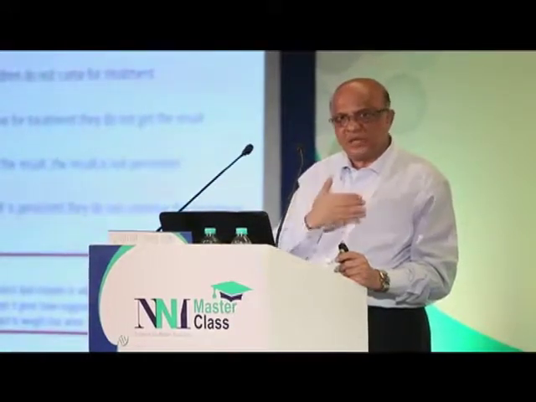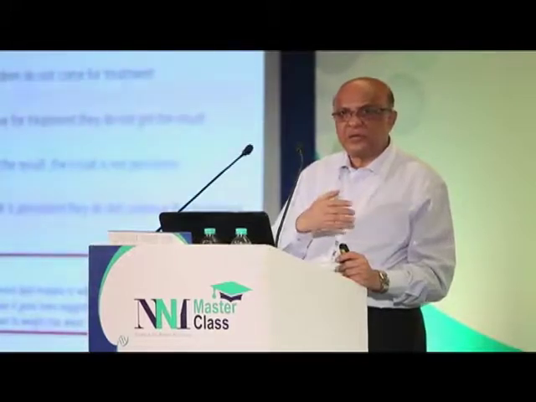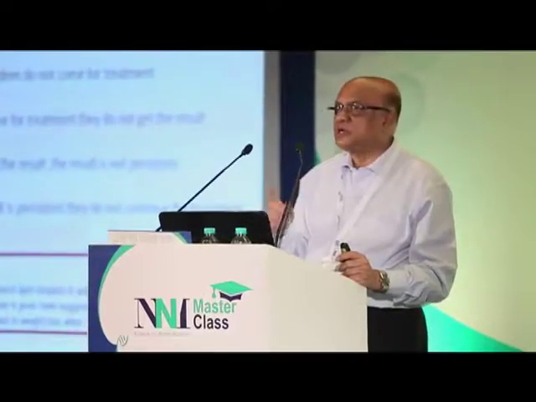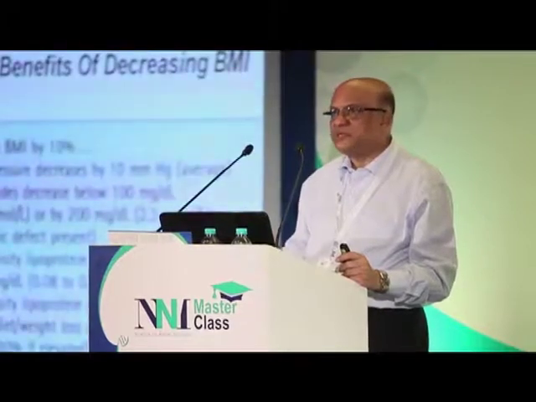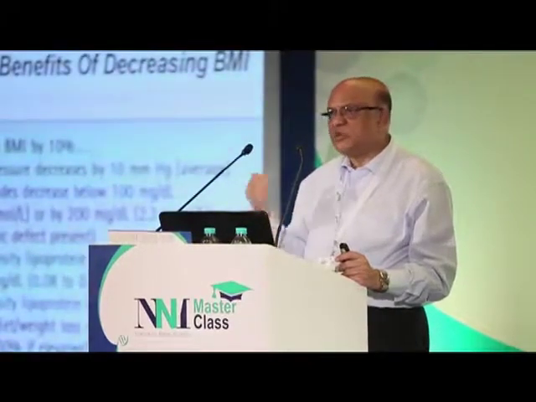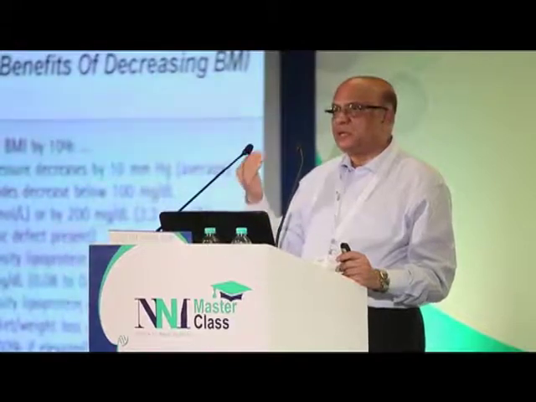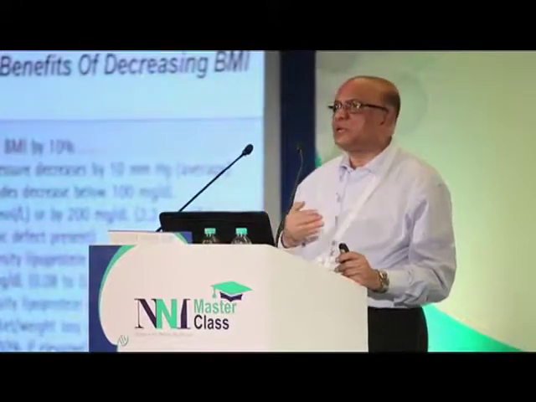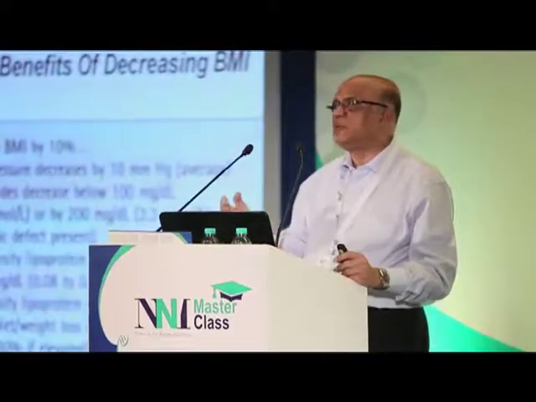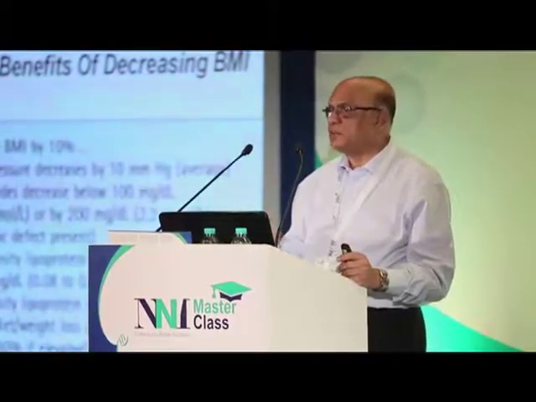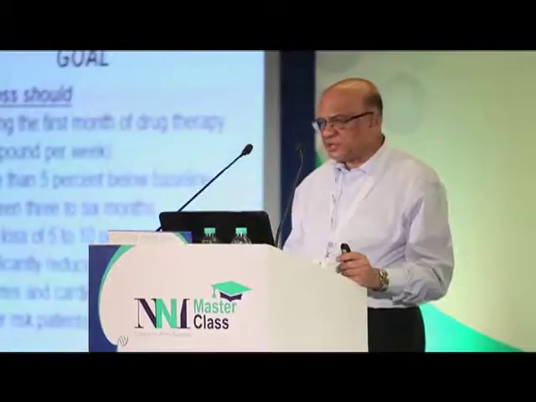So if you are carrying a perilipin gene, you will have a tough time controlling this obesity. And the benefits, you know that if you reduce the BMI, your triglyceride level will come down, your blood pressure will come down, your HDL level will improve, your LDL level might decrease. So there are a lot of advantages.